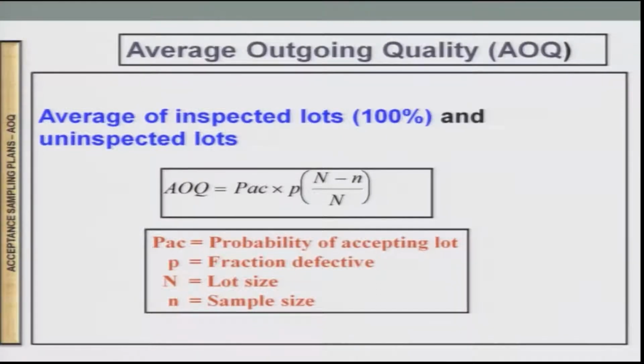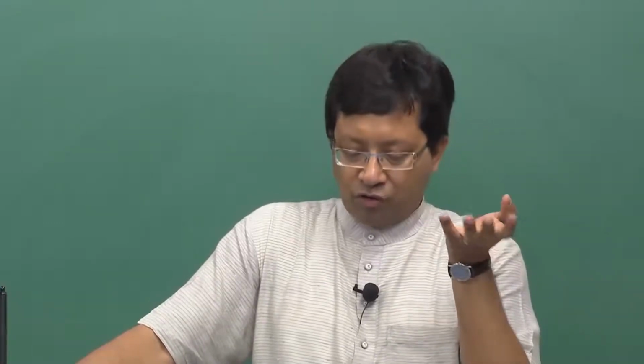So capital N minus small n divided by capital N gives you the relative frequency, which should be multiplied by P, the fraction defective, and also by P suffix AC, the probability of accepting the lot, based on which you can find the value of AOQ, the average outgoing quality.